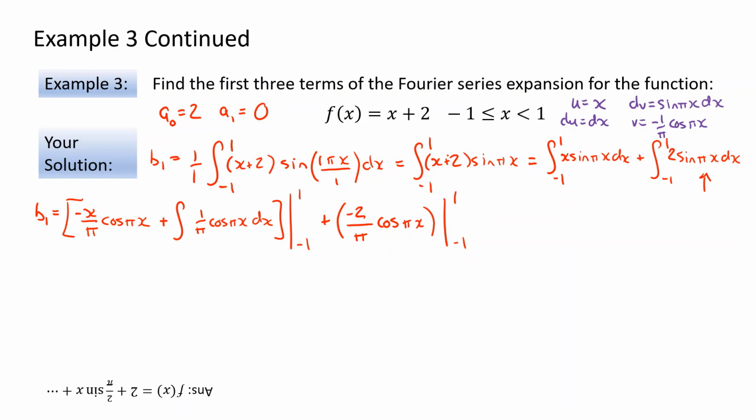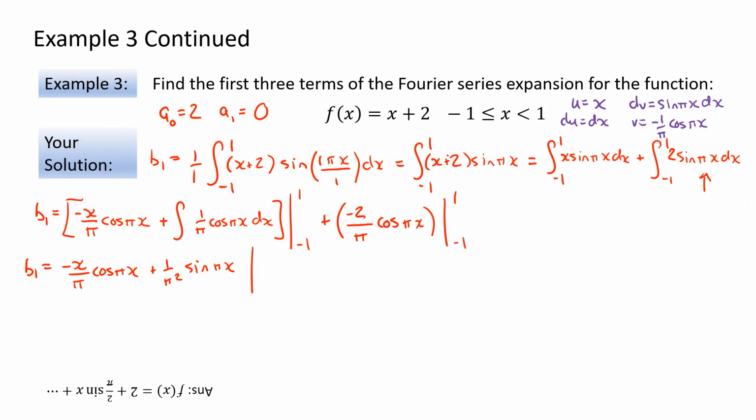So if we do this, first in the integration by parts, we're going to finalize that last integral. So we're left with b1 is equal to negative x over pi cosine of pi x. And the integral of cosine, remember, is sine. But once again, we have to take into account the pi. So we get 1 over pi squared, because we have a second pi term, sine of pi x.